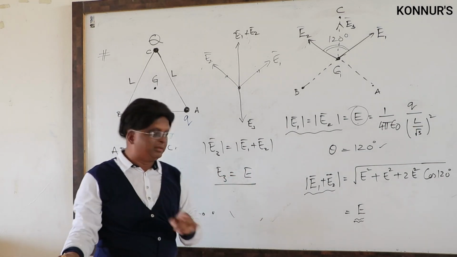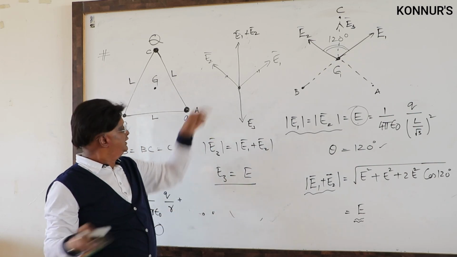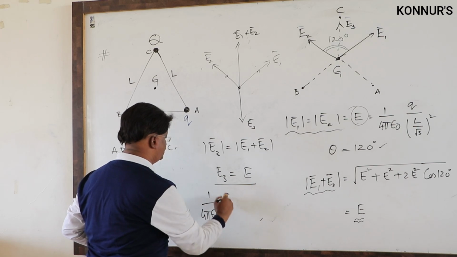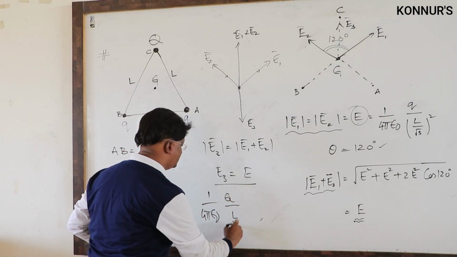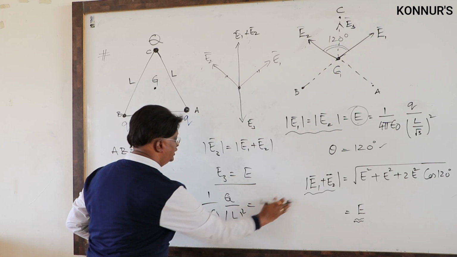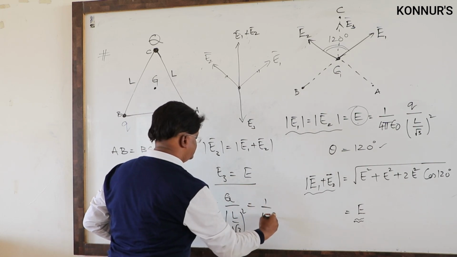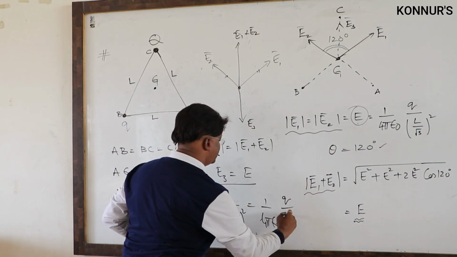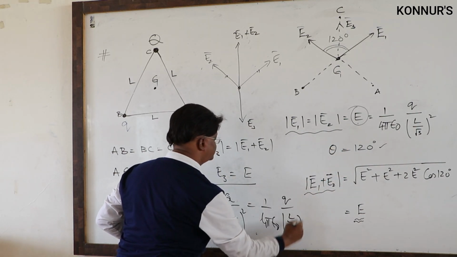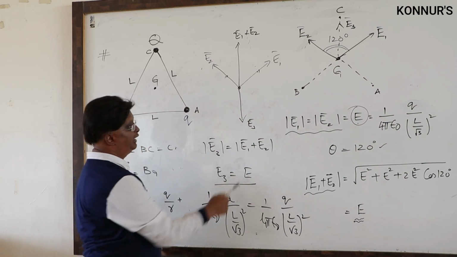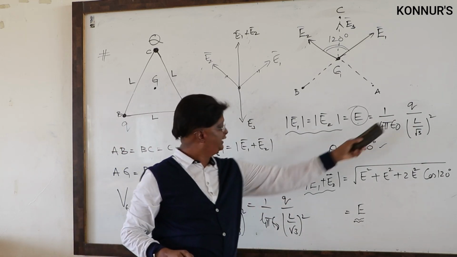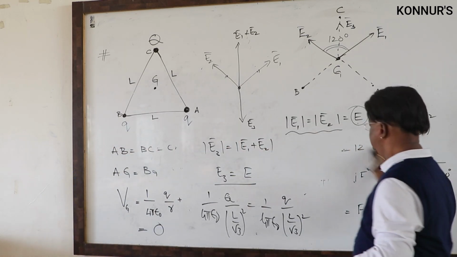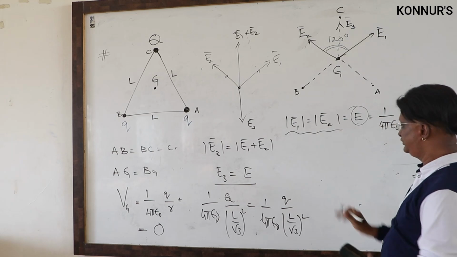But please do remember, for that to happen, 1 by 4 pi epsilon naught capital Q by L by root 3 whole square should be equal to 1 by 4 pi epsilon naught times the E value, which is q by L by root 3 whole square. You have already shown this, right? So this is a simple result. You can cancel all the common terms on either side.